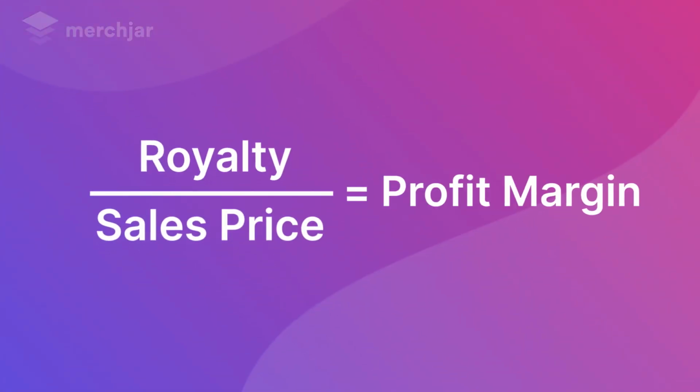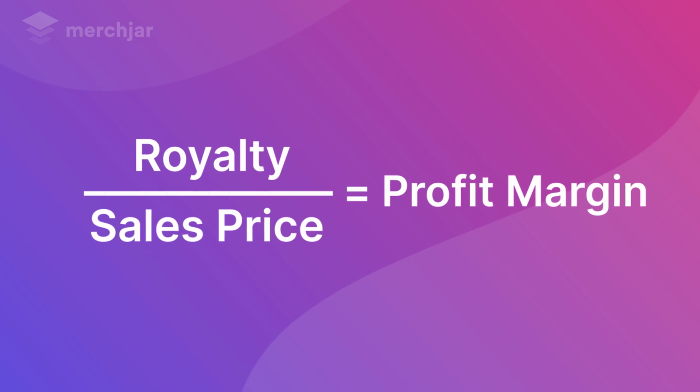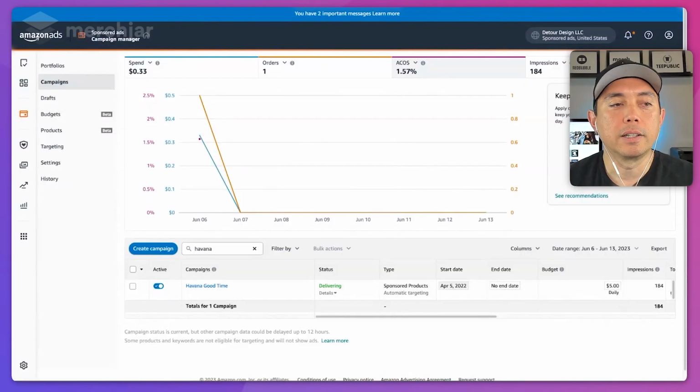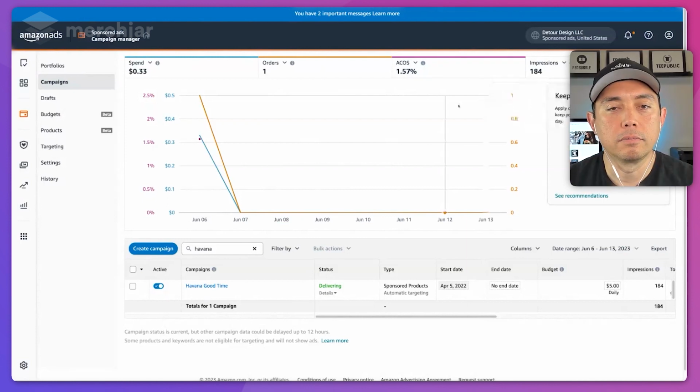And this is partly why I like ACOS, because it's easy to tie to what your profit margins are. So for a product, we can easily figure out our profit margins. For merch, it's the royalty divided by the sales price. Right. So I'm selling something, what is this price? Like $19.99? $19.99. What's the royalty on that? I think it's somewhere around 24%, is the break-even point.